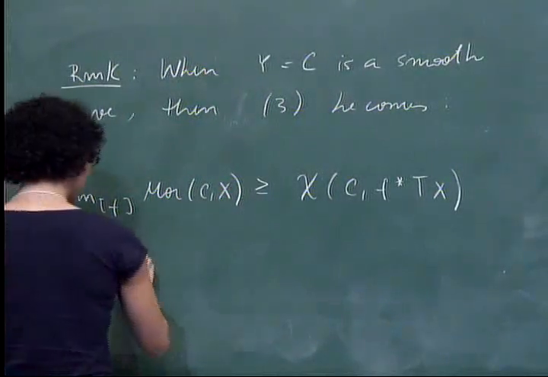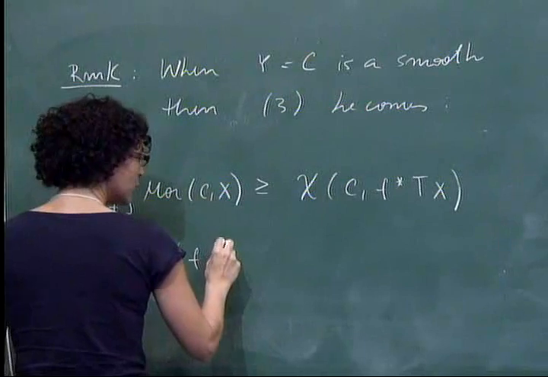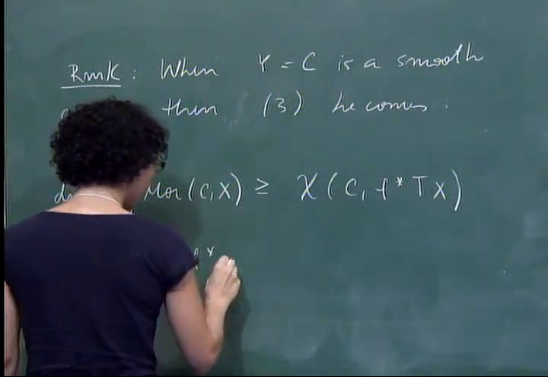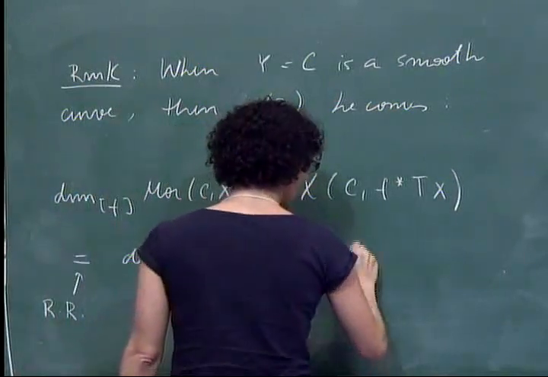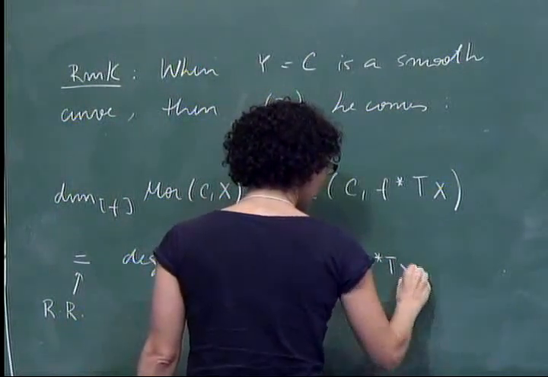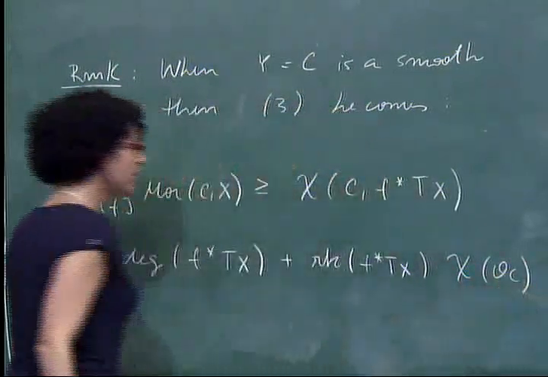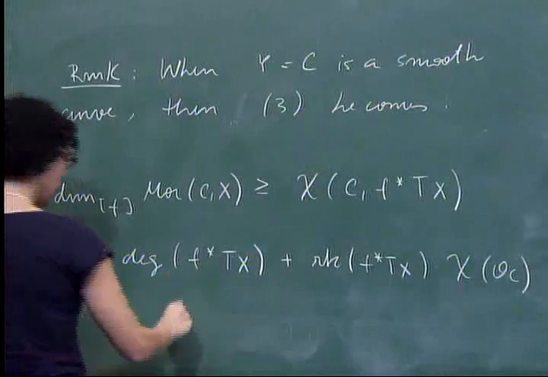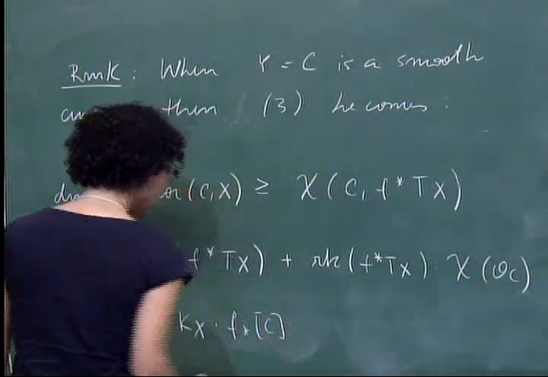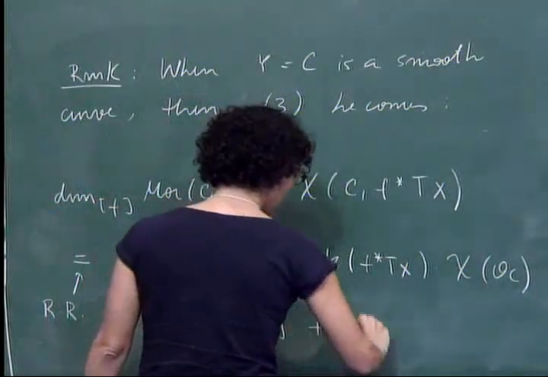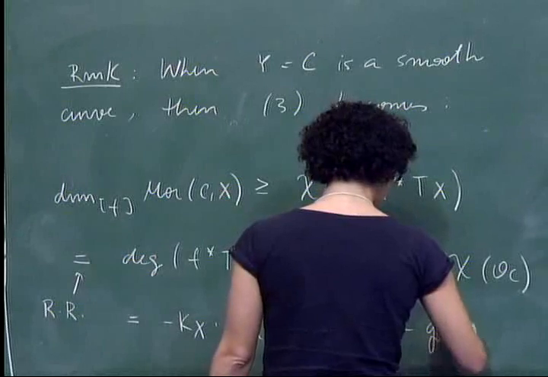We know that this is going to be the degree of the vector bundle plus the rank of the vector bundle times the Euler characteristic of C. And this is the anticanonical class of C times C, plus n times (1 minus g).